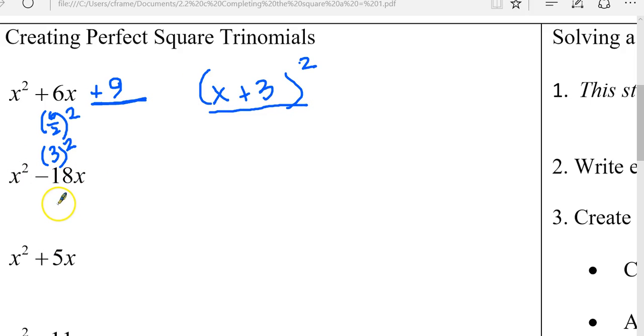So let's try another one. Here we have x squared minus 18x. Again, we're trying to create a perfect square trinomial. So we cut the b in half, excuse me, just b, not the b term. Cut it in half, that's negative 9. And then we square. Negative 9 squared is positive 81. So we've created a perfect square trinomial, which we can now factor.